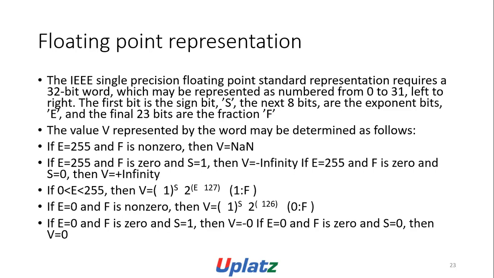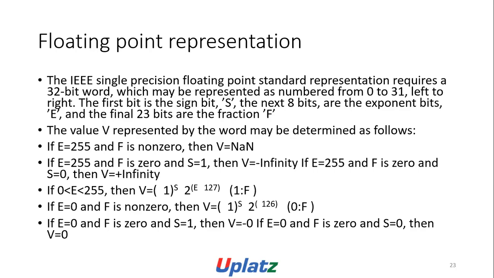Floating point representation. The IEEE single precision floating point standard representation is a 32-bit word, which may be represented as a number from 0 to 31, left to right. The first bit is the sign bit S, the next 8 bits are the exponent bits E, and the final 23 bits are the fraction F. The value V represented by the word may be determined as follows.